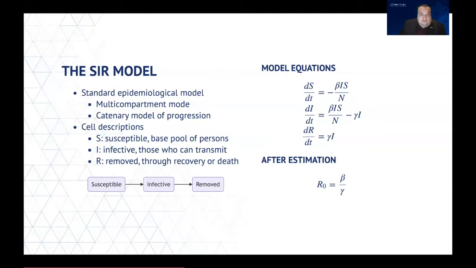So for instance, if a disease has an R-nought value of, say, 3, a person who becomes ill can be expected to infect 3 more people. This number is important because if it is greater than 1, a disease will continue spreading. If it is below 1, the disease will not spread and will die out naturally.